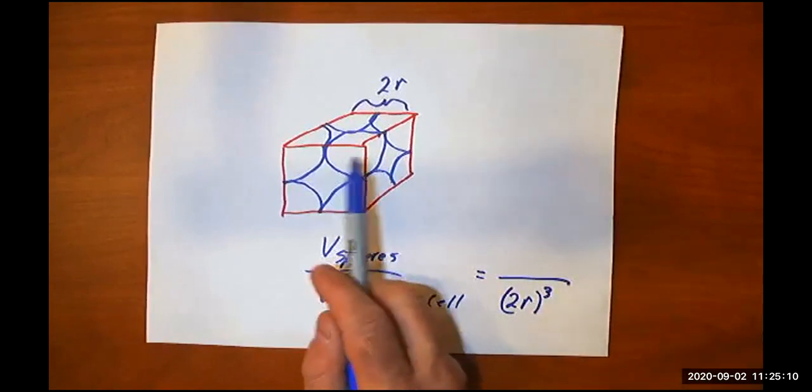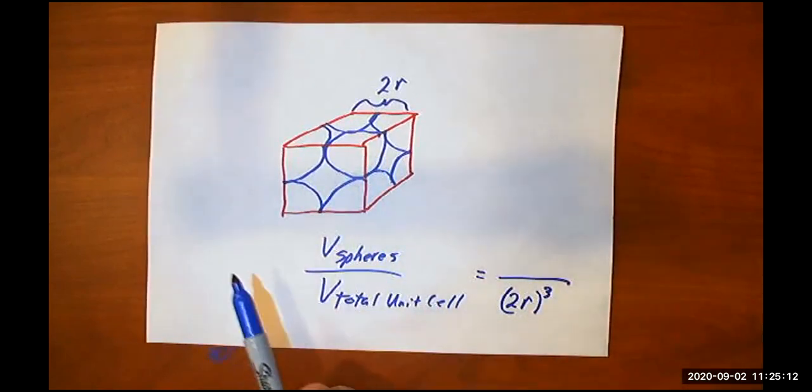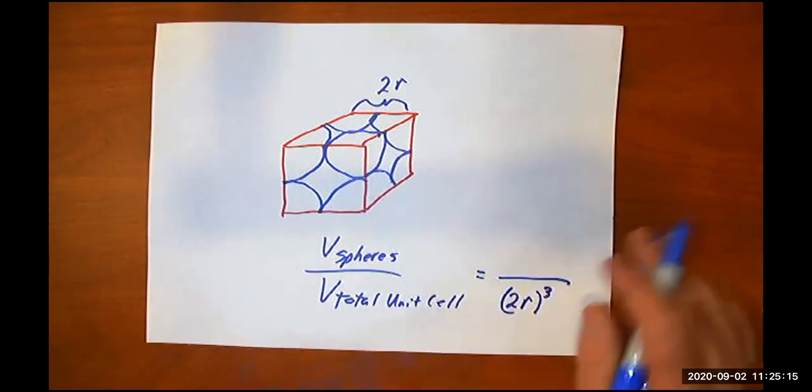Now, what is the volume of a sphere of radius r?